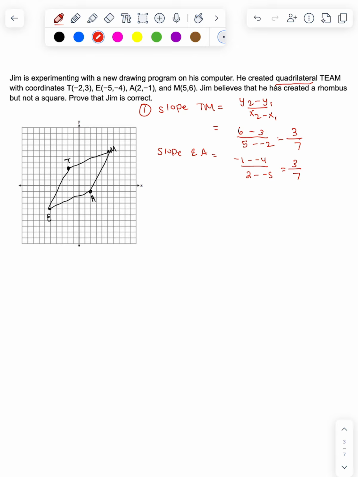Now I'm going to find the slopes of the other pair of opposite sides, and they should work out to be the same as each other. So let's see what TE is.